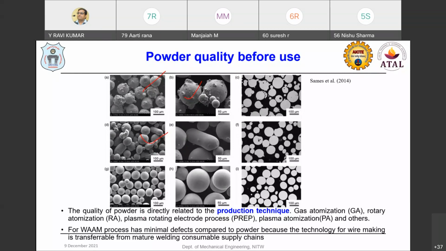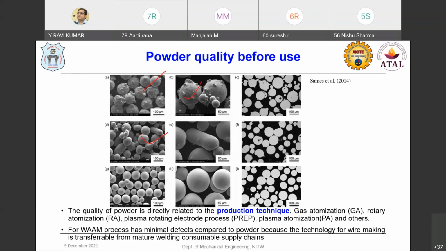That's why product quality is directly related to the production techniques. Whatever atomization we have discussed, like gas atomization, water atomization, plasma atomization, all of these play a major role in product quality. And for the WAM process, wire arc additive manufacturing, the defects are minimal, because compared with powder technology, which is not yet much researched, wire making has been available for many years.